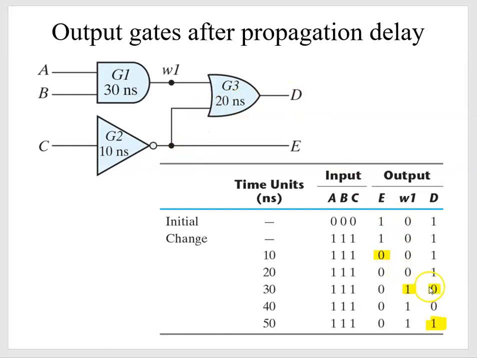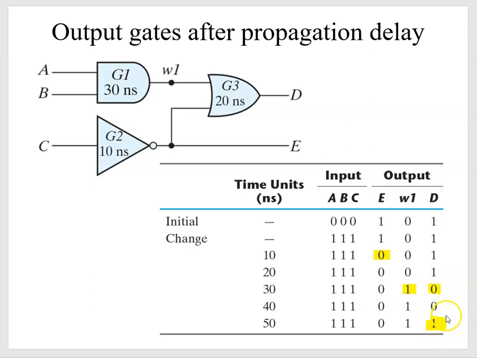So that's a 0 instead of 1. This is E, that 0 is what ends up going through. We end up with a 0, even though there's a 1 here, because we're still looking at it from 20 nanoseconds ago. So 0, 0, 0 or 0 gives us this 0 here. And then finally, when it's 1 or 0, it's not going to change to 1 for another 20 nanoseconds.